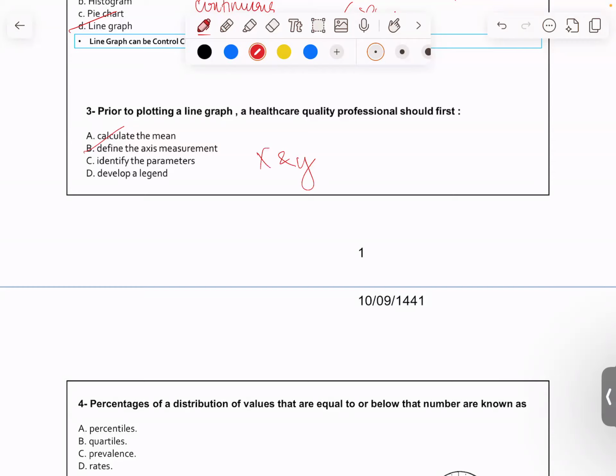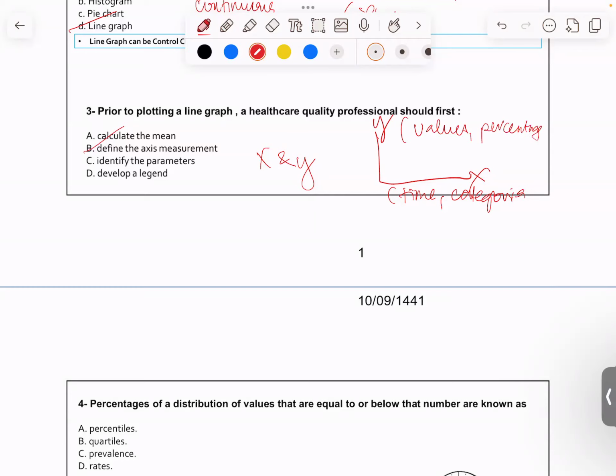Why? Because you need to define what is on the X axis, which can be time or categories. For the Y axis, these are values, percentages.